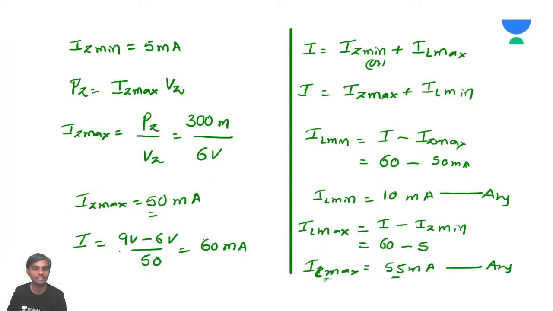When IL is maximum, IZ is minimum. This IL minimum and IL maximum is in no way related to PZ. That is the headache of PZ.